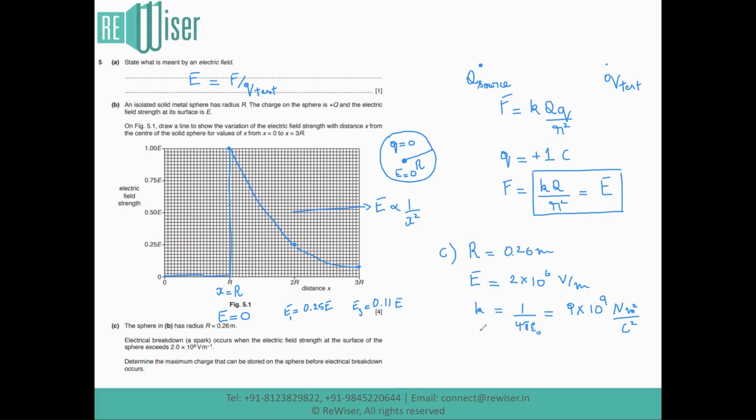So when we substitute the values for k, E, and r, we get the value for charge Q to be approximately equal to 1.5 into 10 raised to the power of -5 Coulomb.